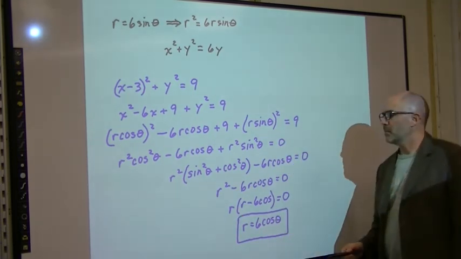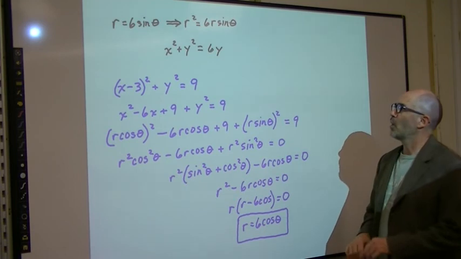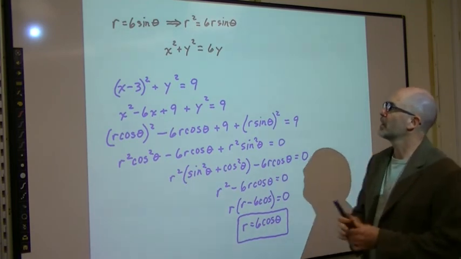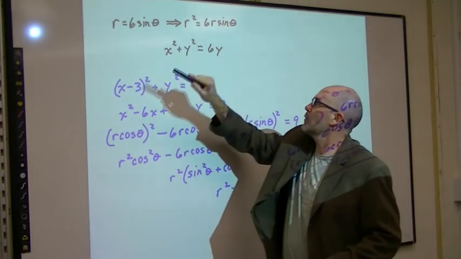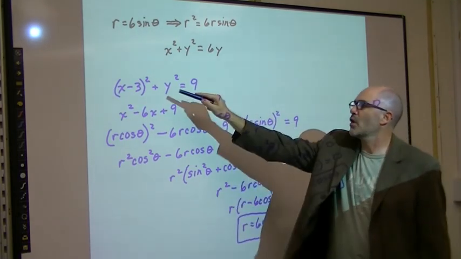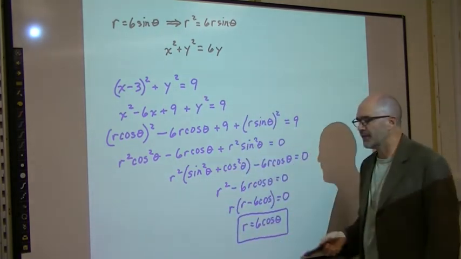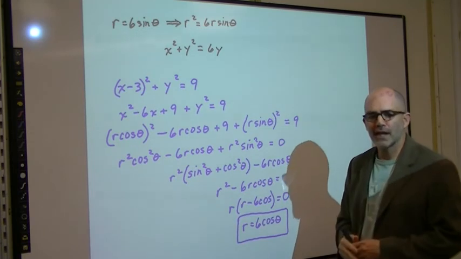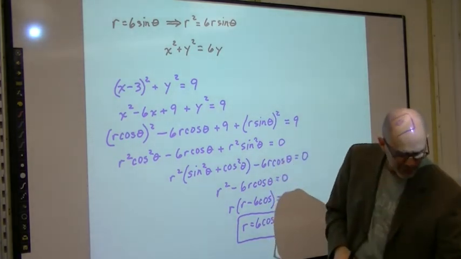That's basically simplest form. So, notice we start with r's and thetas, we turn into x's and y's. We start with x's and y's, we turn into r's and thetas. That's the whole thing for today. So, have fun with these.